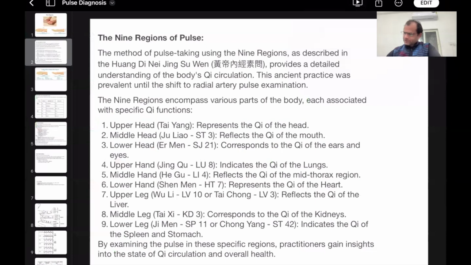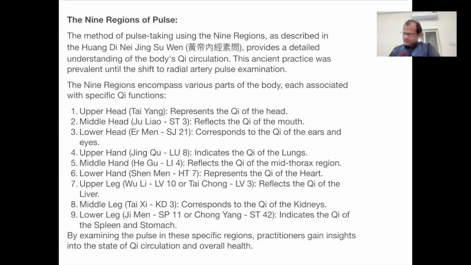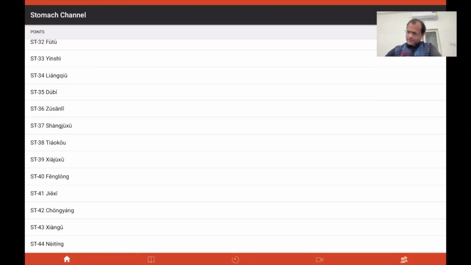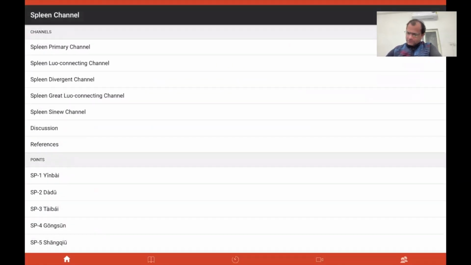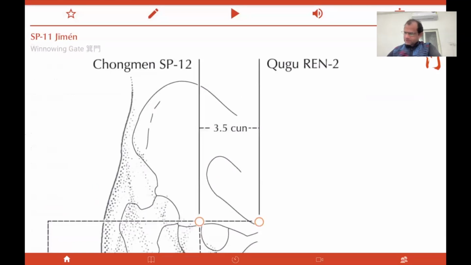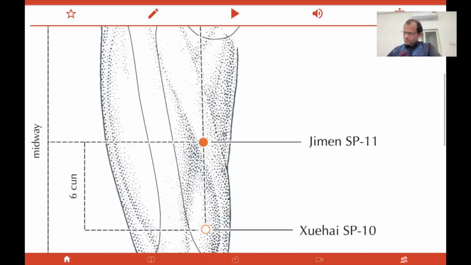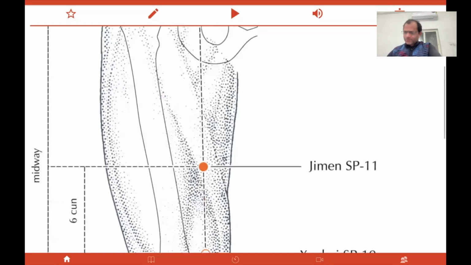The other option is less practical, that is spleen 11, but definitely sometimes possible. Spleen 11 is also another option. We can see here spleen 11 is the point.